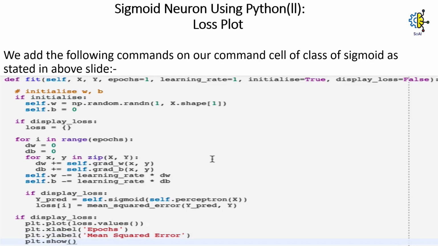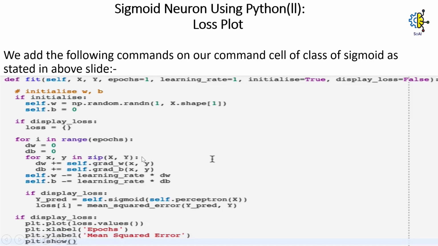If initialize, self.w is equal to np.random.random function with (1, x.shape[1]). If display_loss is true, then loss is equal to an empty dictionary. When we move to the next line, for i in range of epochs, here epochs is 1, dw is equal to 0, db is equal to 0. This is the initialization phase.